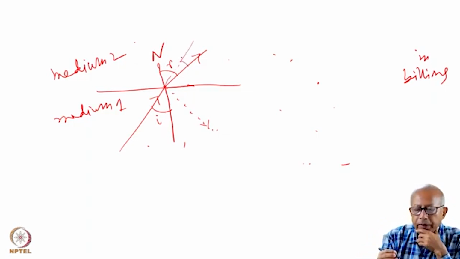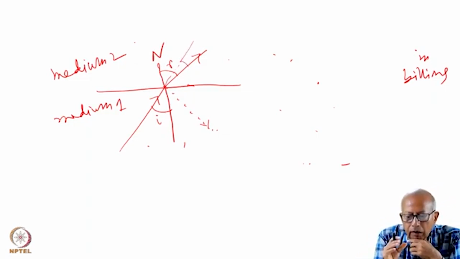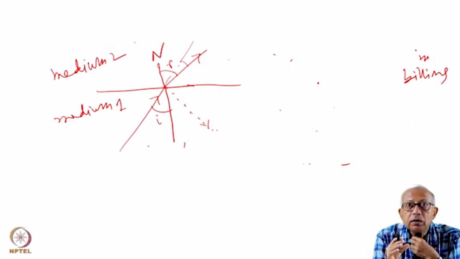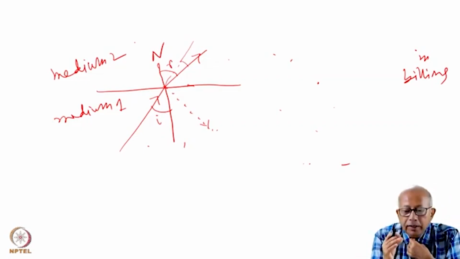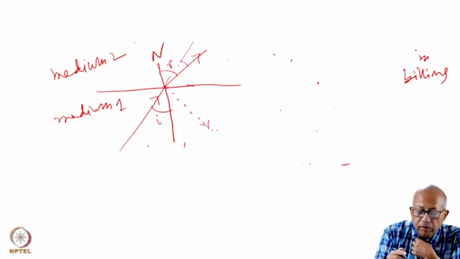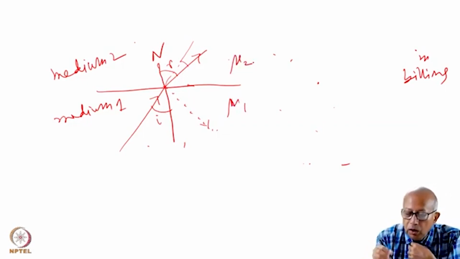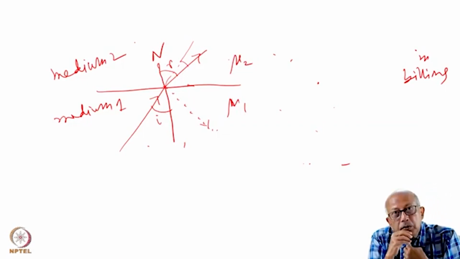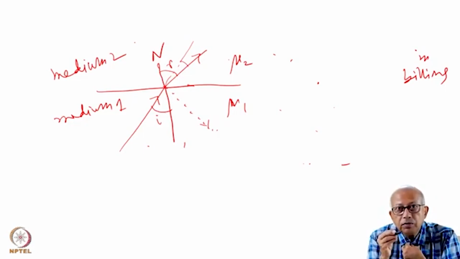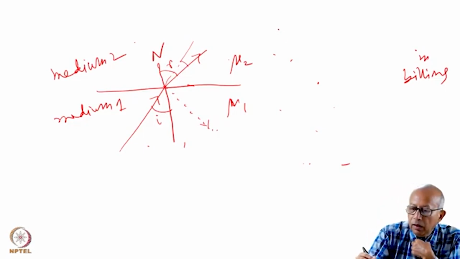Now this amount of bending was first analytically expressed as a function of the refractive index. So this is mu1, this is mu2, the refractive indices of the two media, by a Dutch physicist, Snell.